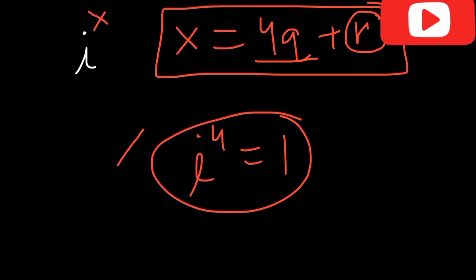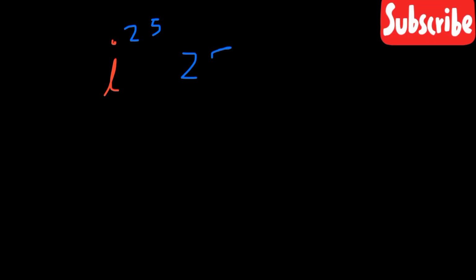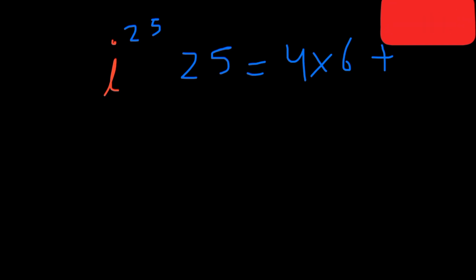So now let us quickly look into an example. Here I have a power of iota in the format iota raised to the power. Let us take a small number first, 25. Now I have to break 25 in the form of 4q plus r. So 25 can be written as 4 into 6 plus 1.